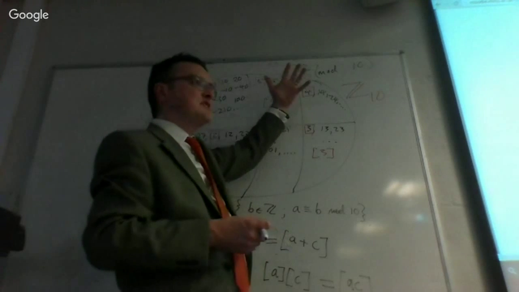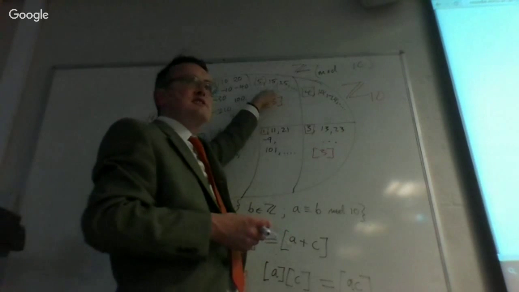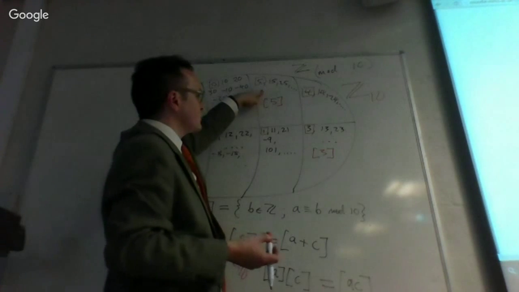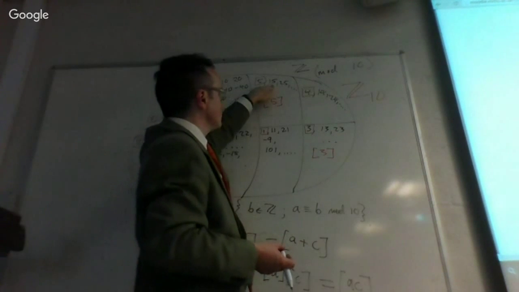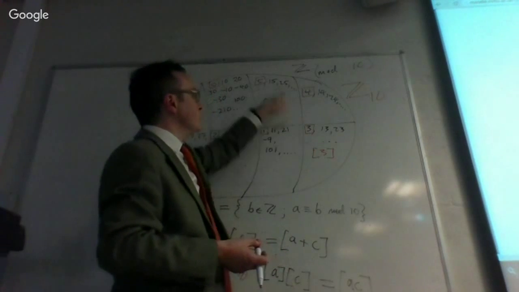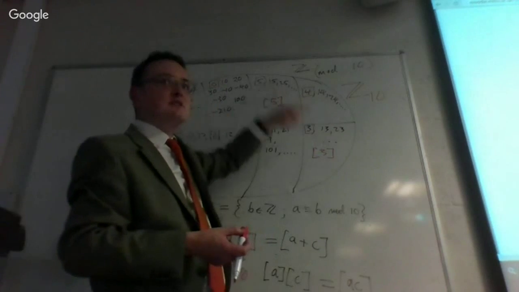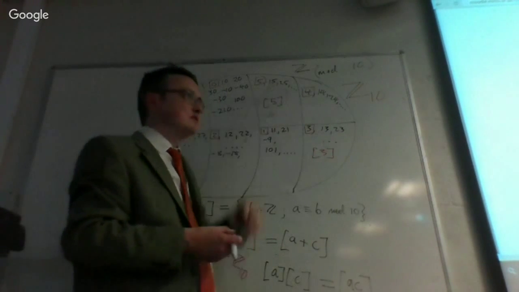Well, 5 times 3 is 15, which sends you back to this congruence class. But equally well, I could have chosen different representatives. I could have chosen 15 and 3. When you multiply those two together, you get 45. But 45 is again back here. So you always get back to the same result. Okay?